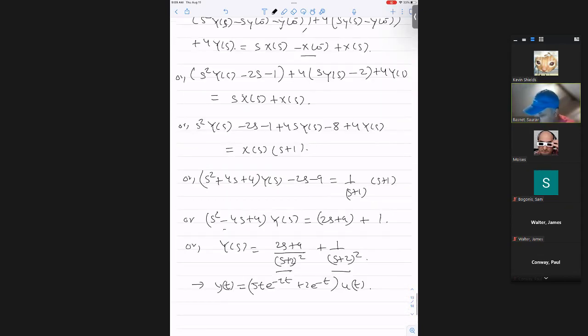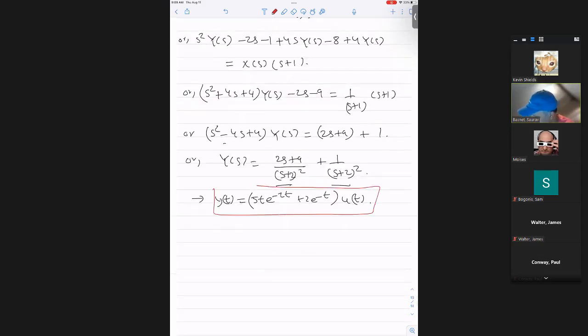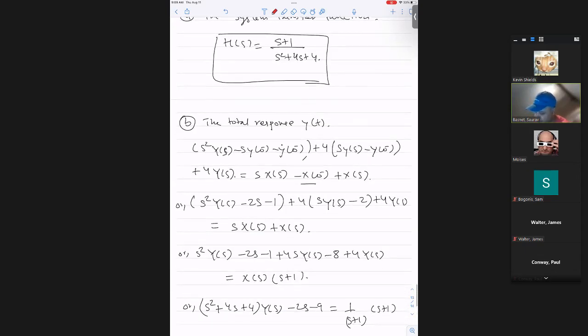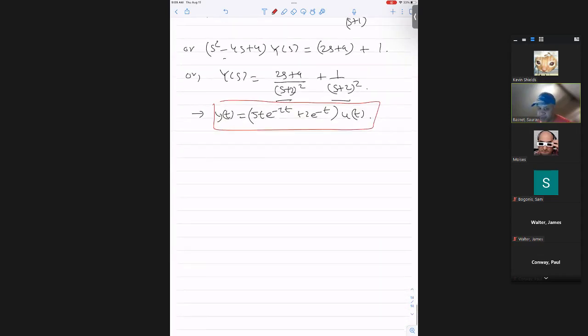If you cannot do inverse Laplace, then it's gone. You may lose half of the points, so make sure you are not rusty in inverse Laplace. Where did the 5 and the 2 come from? The initial conditions. Okay, cool.